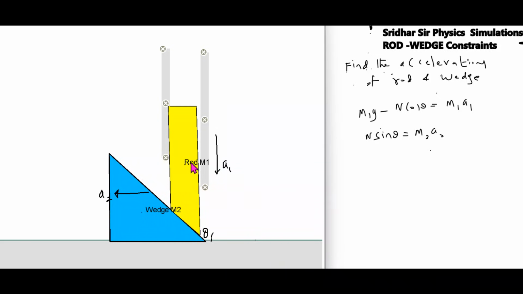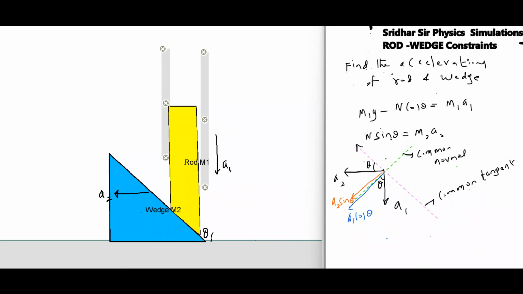Based on this, we have to write an equation. This will be the common normal, this will be the common tangent. Here is the acceleration of the wedge A2, and this is the acceleration of the rod A1. I'll resolve these accelerations: A2 sin theta, A2 cos theta, A1 cos theta, A1 sin theta.